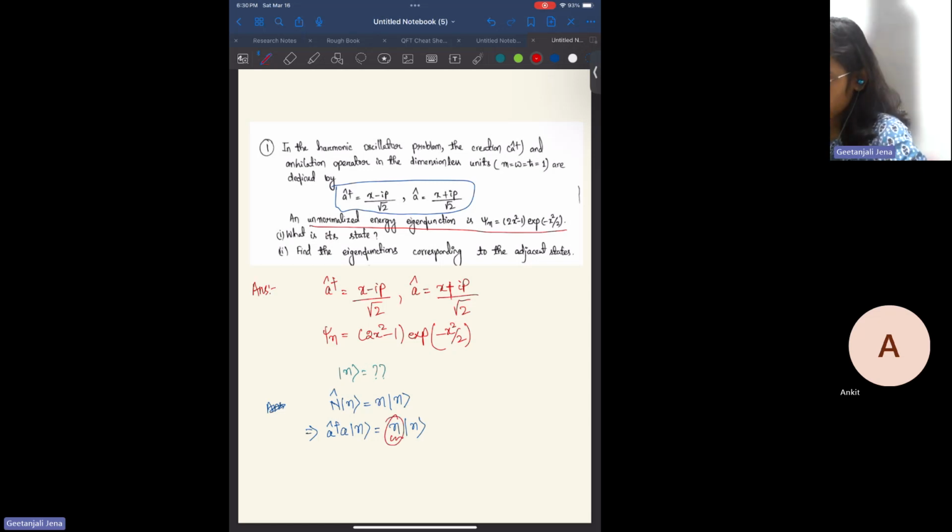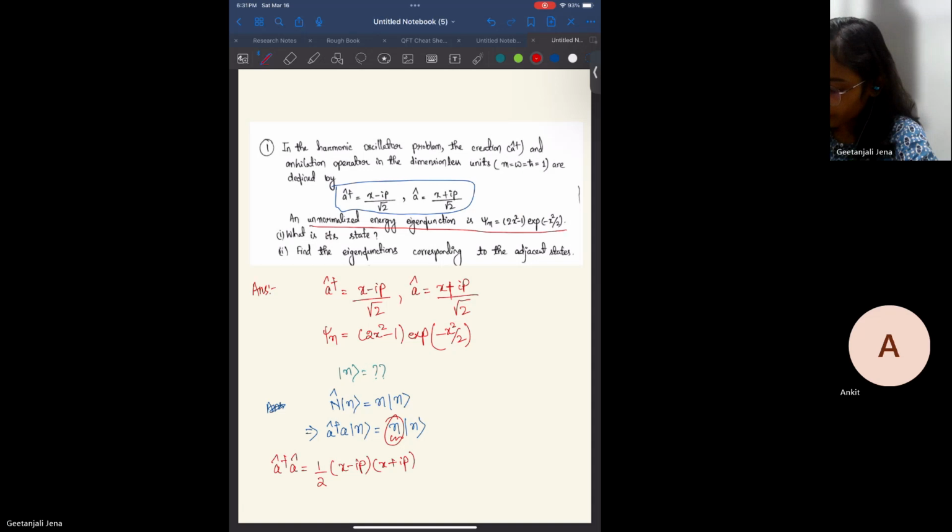So A dagger and A are given to you. So let us see what is the expression for A dagger A in these dimensionless units. It will be 1 by 2, x minus ip and x plus ip.